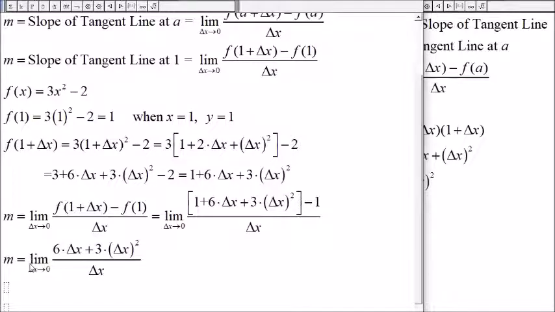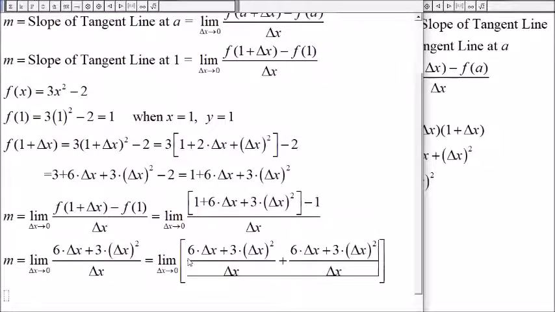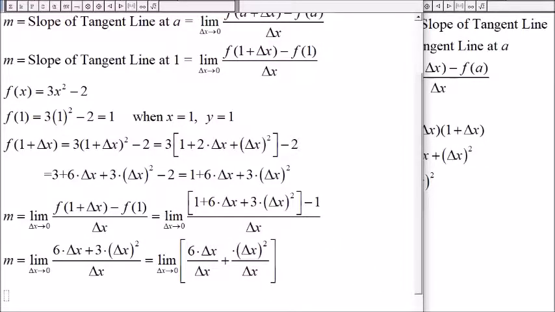And then we can separate this right here. And this just means this. So it's the same as 6 delta x divided by delta x plus 3 delta x squared divided by delta x.